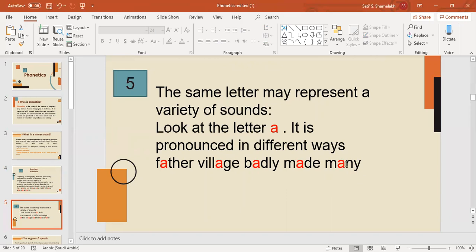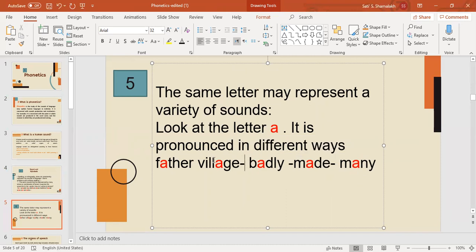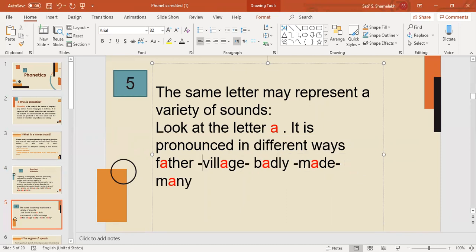And here the letter A in many is pronounced "e". Many. Okay? So that's why it is important to learn phonetics.